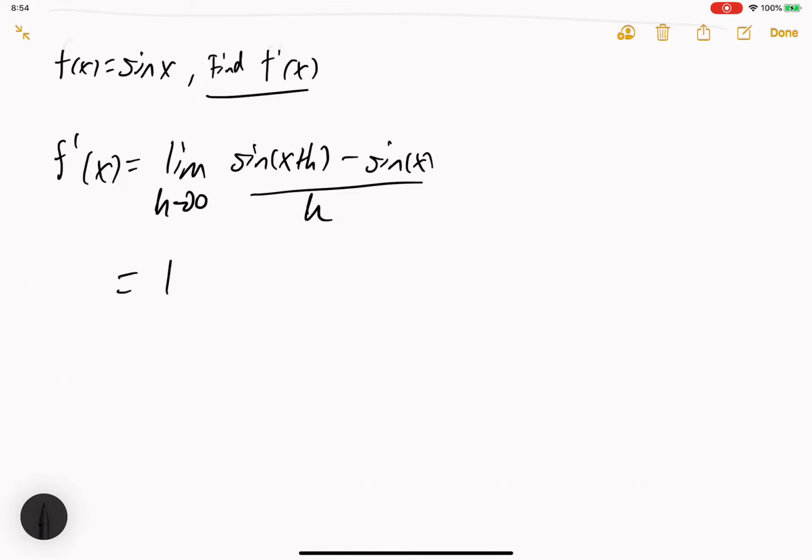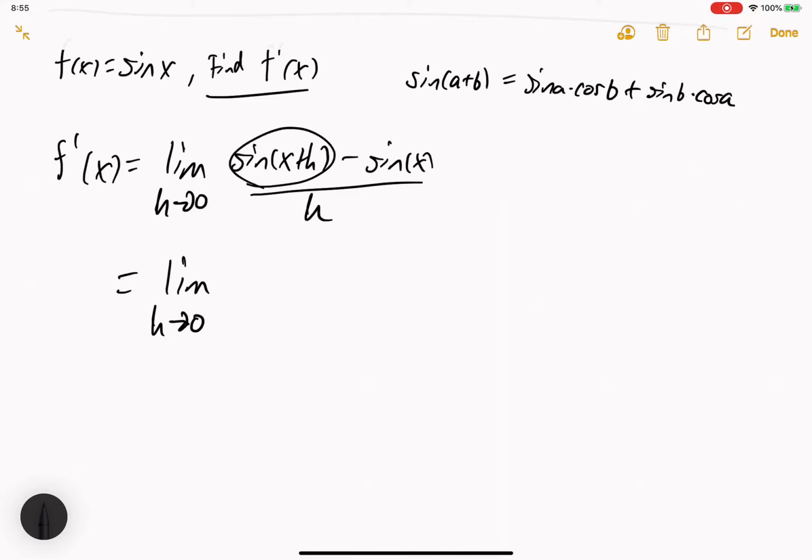And there's a trig identity here: sine of a plus b is equal to sine of a times cosine of b plus sine of b cosine of a. That's the one we're going to be using right here. So we're going to use it with sine of x plus h.